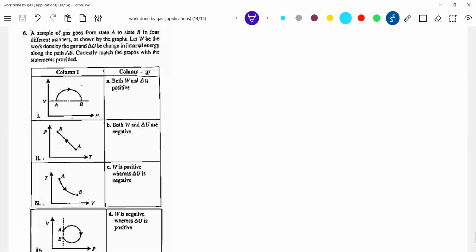Okay, let me begin like this. So this volume versus pressure, the first part. Okay, this will break up the curve into A, B, and C. Let me do like this.